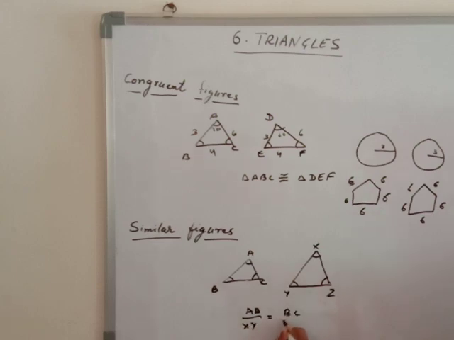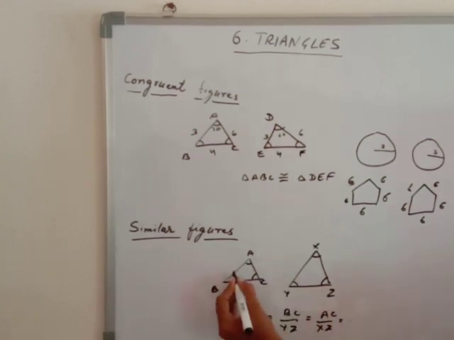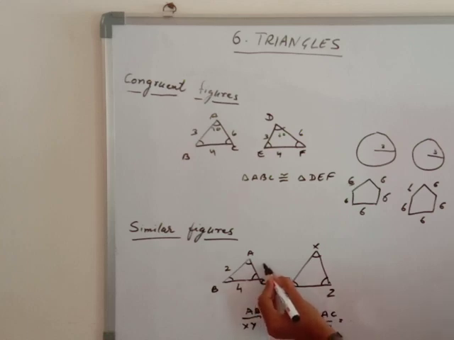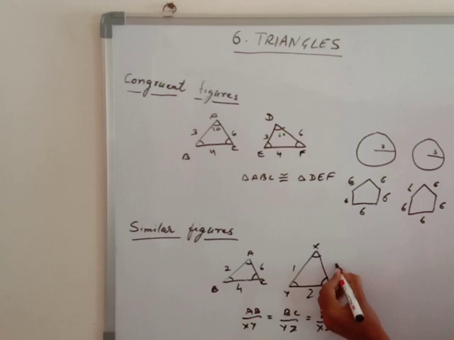Now, I am explaining the meaning of that. That means AB upon XY must be equal to BC upon YZ, must be equal to AC upon XZ. That means this must be a constant. For example, if this is 2, 4, 6, then it must be 1, 2, 3.